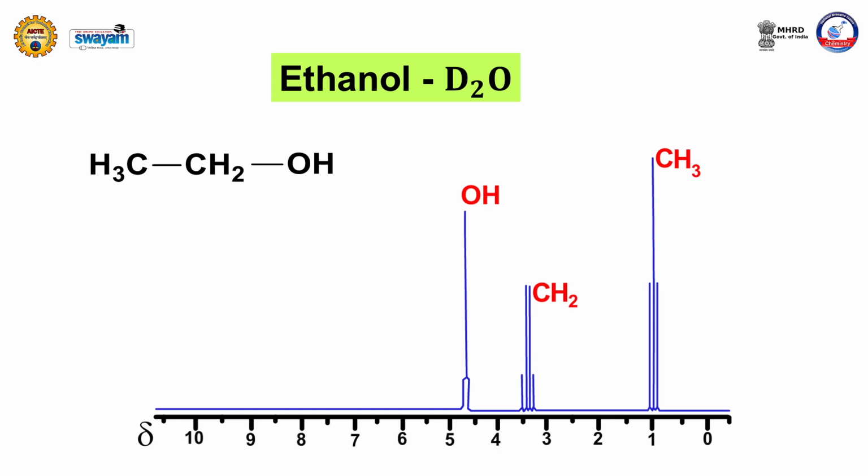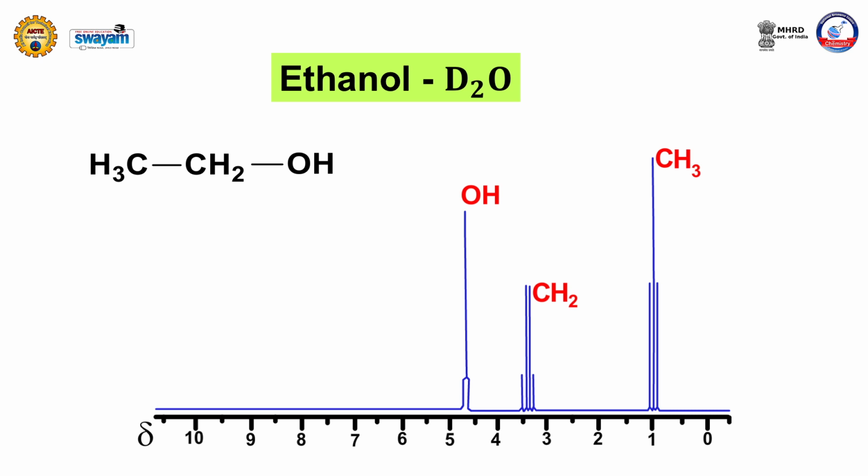And then you can also see that there is a fine structure in each one of those. The CH3 group of protons are coupled to the neighboring CH2 groups, and because there are 2 protons there, the CH3 protons are split into 3 lines with the intensity ratio 1:2:1, and likewise the CH2 protons, which are adjacent to the CH3 protons, will be split into 4 lines with the intensity ratio 1:3:3:1.